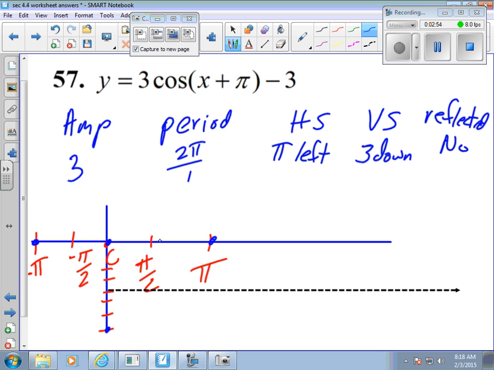And we're going to be going through the dotted line at negative pi over 2 and positive pi over 2. So our graph is going to look a lot like that. Of course, it's going to continue to bob up and down as we go, but we're just graphing one period.